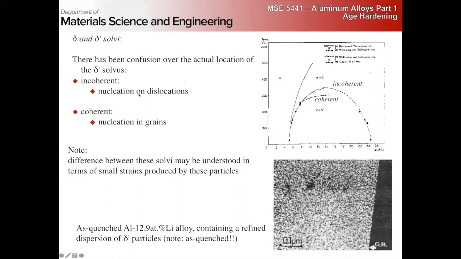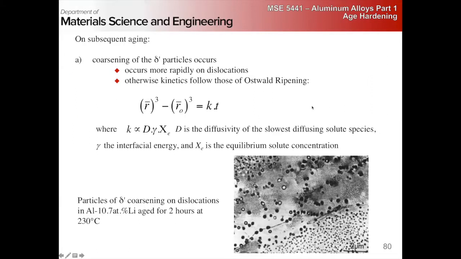Heterogeneous nucleation on dislocations tends to give you an incoherent interface, so those particles have a higher solvus than those that nucleated homogeneously with a coherent interface in the grain. On subsequent aging, these are of course going to coarsen. The coarsening is going to occur more rapidly on dislocations.